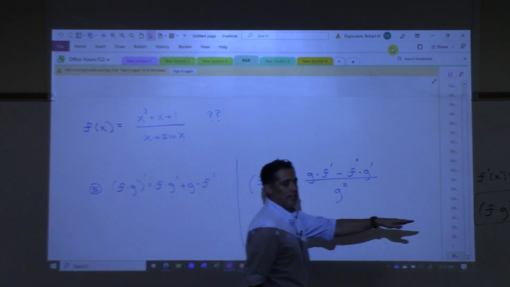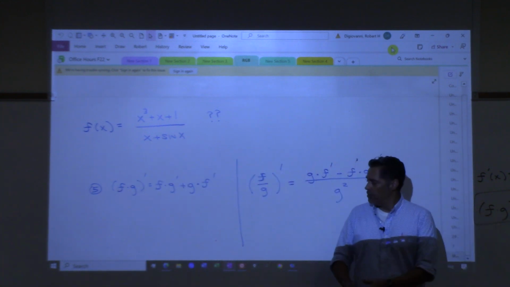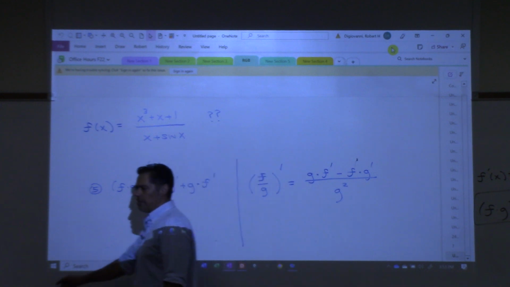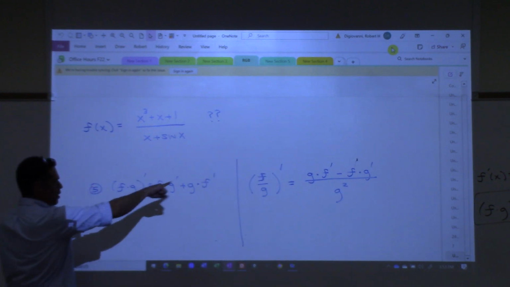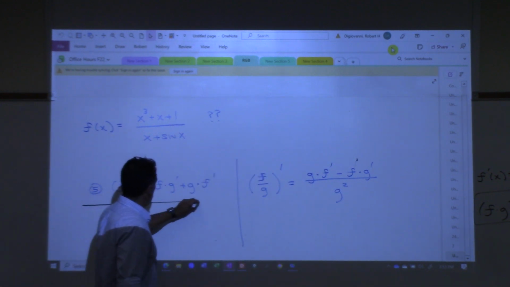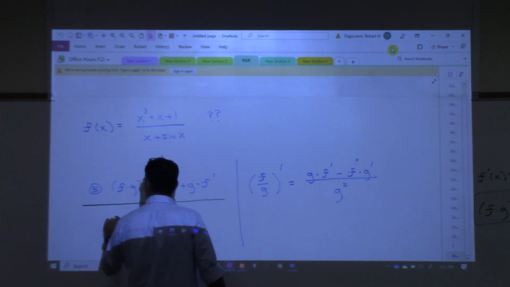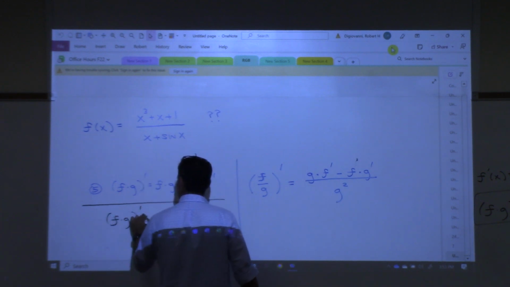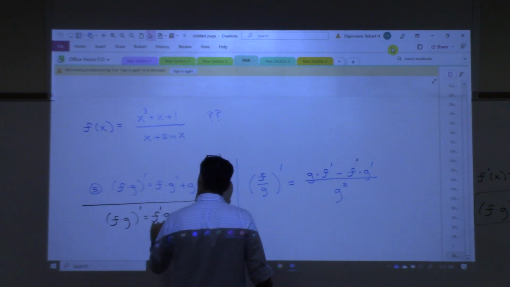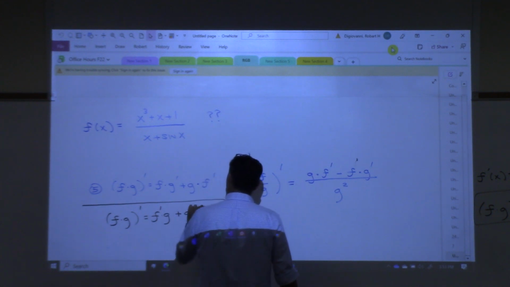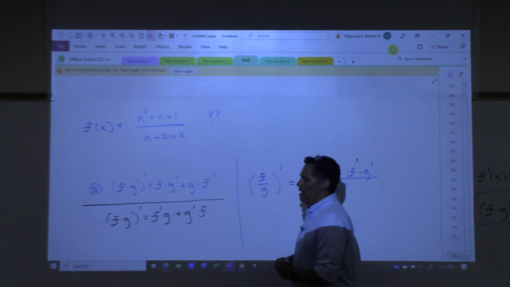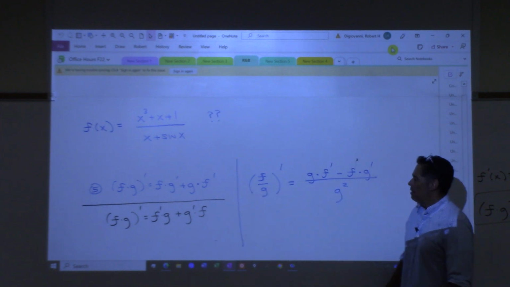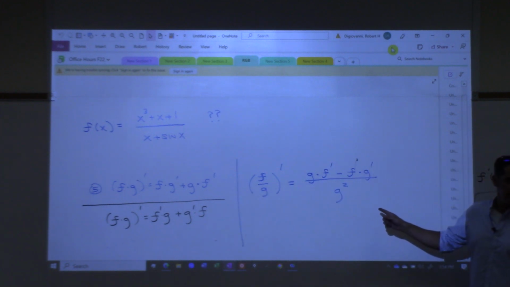I said I like this version for the product, right? So can I write mine underneath these? Okay, so this is the book. In black, I'll do mine. What I said for me is I like the product rule to be f prime g plus g prime f, right? That's my version, book's version. Now, you ready to see my version of this?